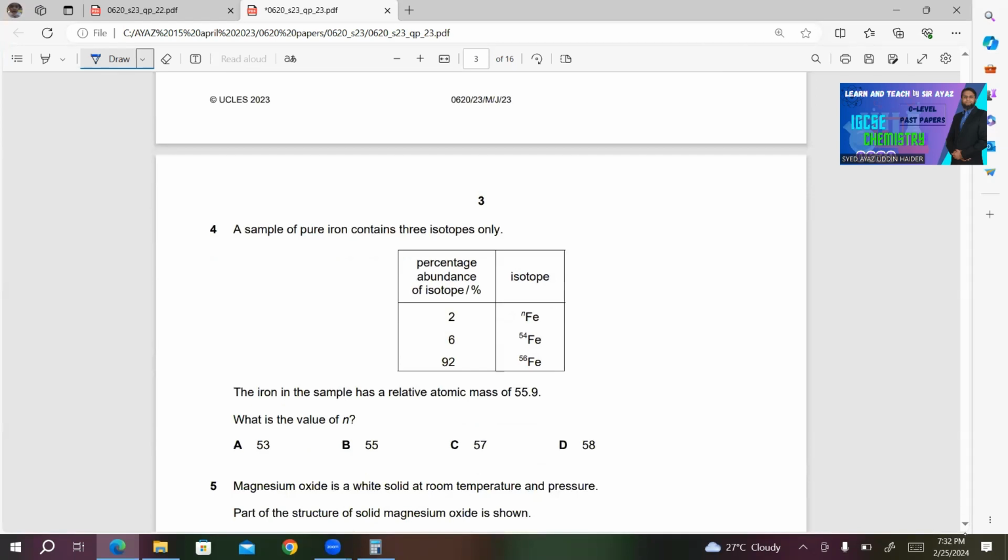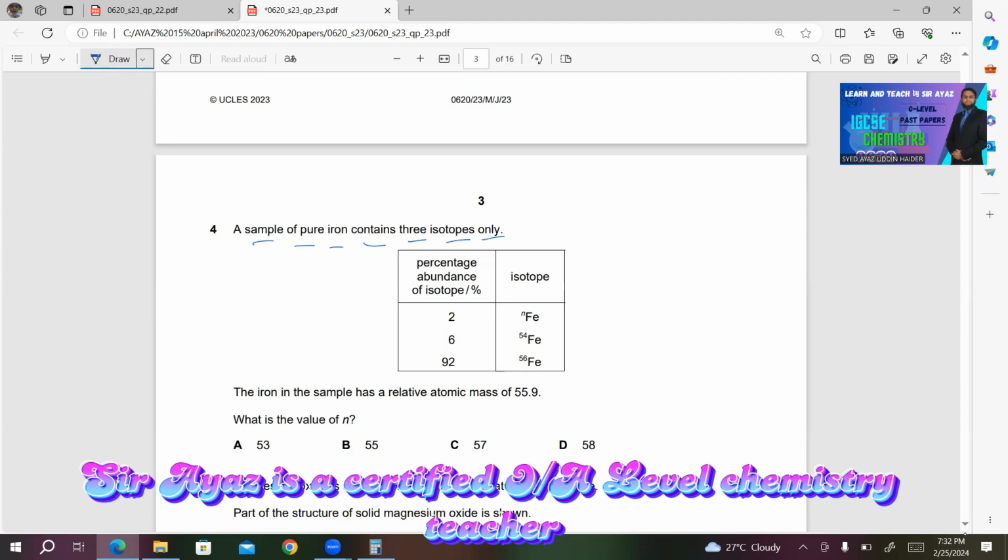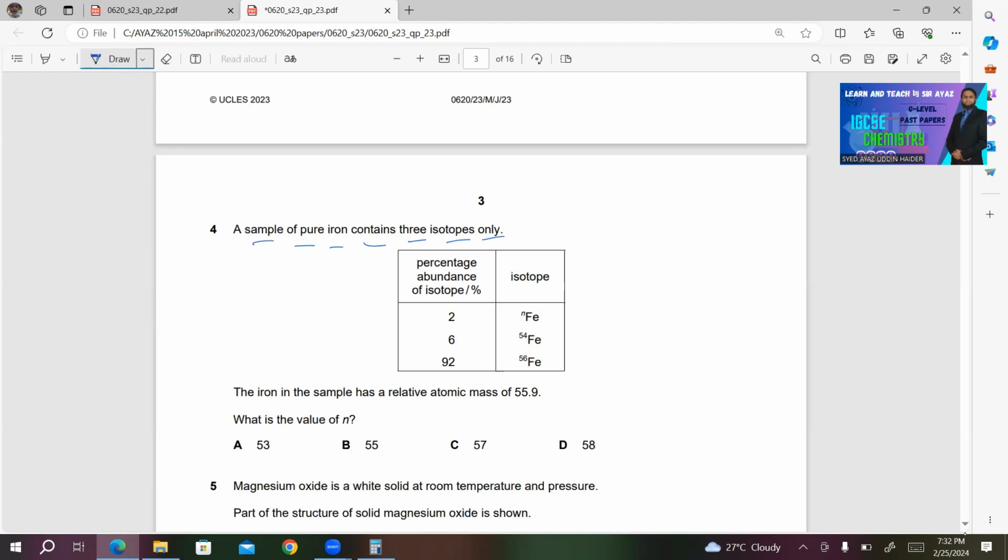Number 4, a sample of pure iron contains 3 isotopes only. We have the percentage abundance of the isotopes: Fe(N), Fe54, Fe56. The iron in the sample has a relative atomic mass of 55.9. What is the value of N? Well, you can make the equation.